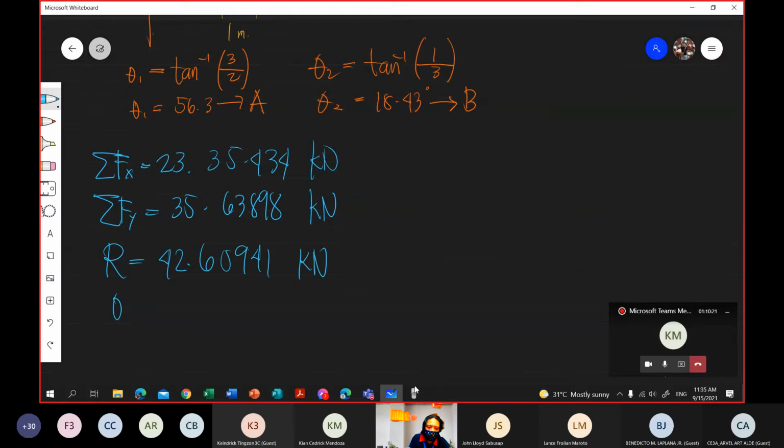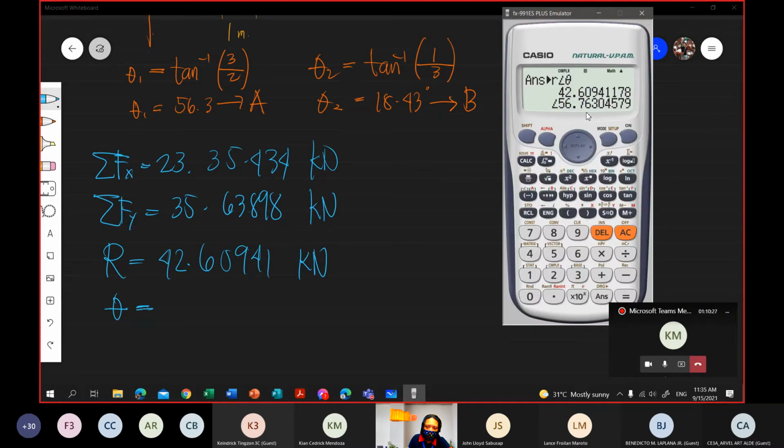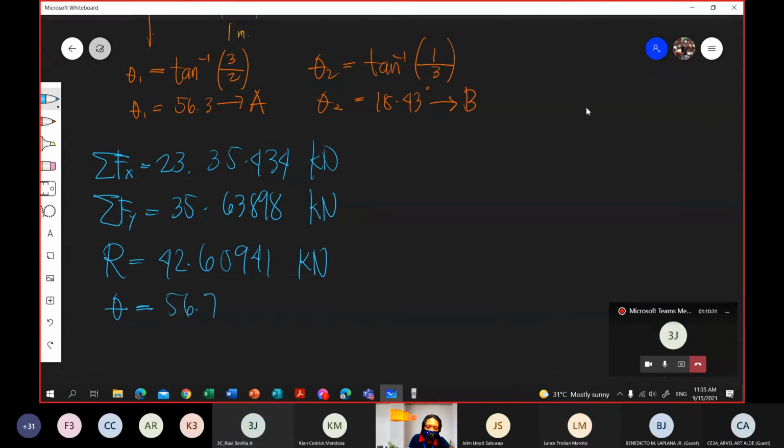And of course, the direction, what's the direction? 56.76305, in degrees. There, we have now solved both its magnitude and its direction.